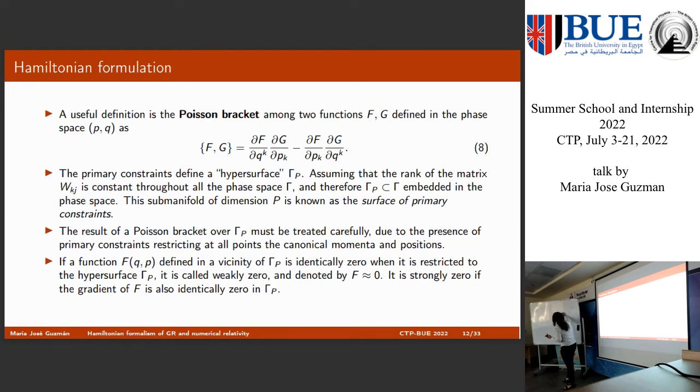For a very simple system, you can have just one momentum and one position. Then a constraint in this very simple system is just a relation between the P and the Q. And this we call a hypersurface.